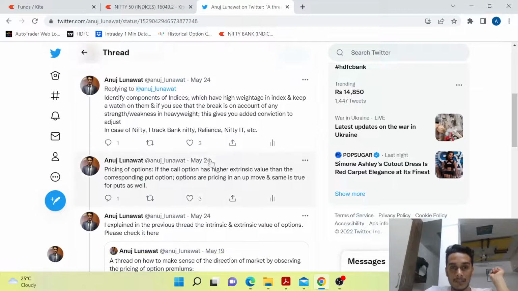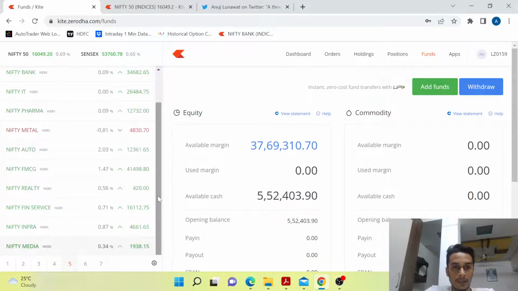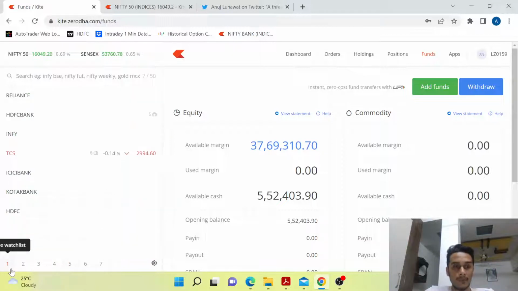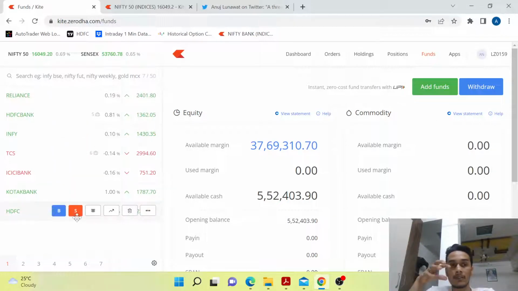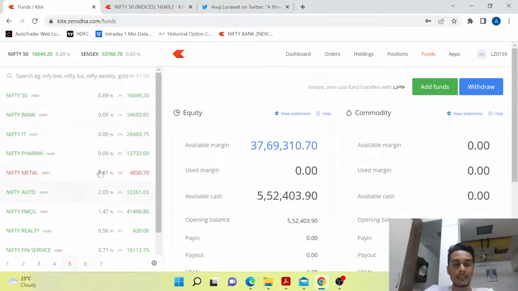I have a watch list wherein I've kept all the components of Nifty: Nifty Bank, IT, Pharma. These are the three major indices which affect Nifty, and also the major stocks which have a high weightage in the index. So I track these stocks and these four indexes majorly.